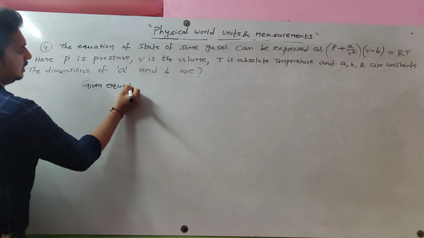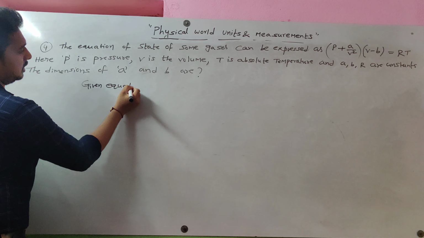And in V minus B, B is subtracted from V. That means dimensions of V is equal to dimensions of B. That is very important. For addition or subtraction, only the same units can be added or subtracted, and same units means same dimension formula.